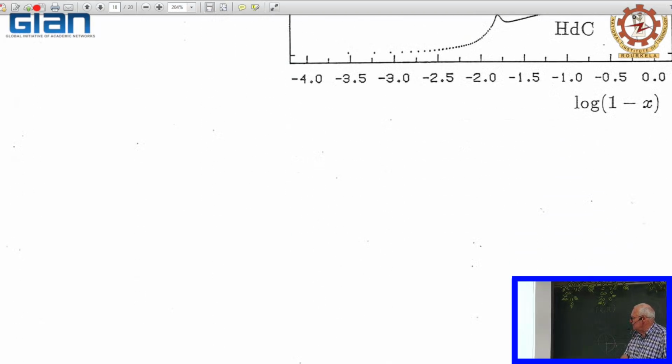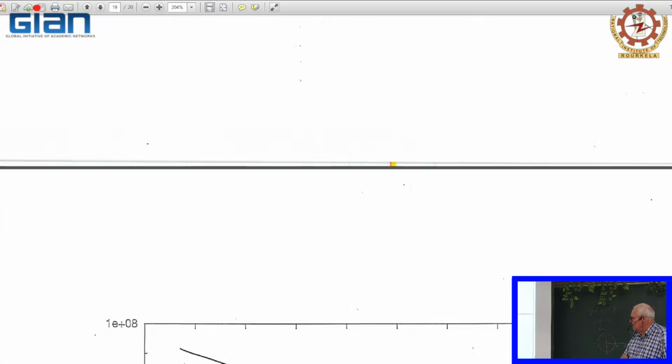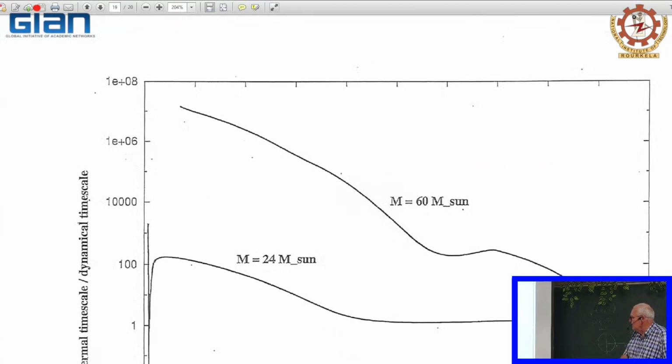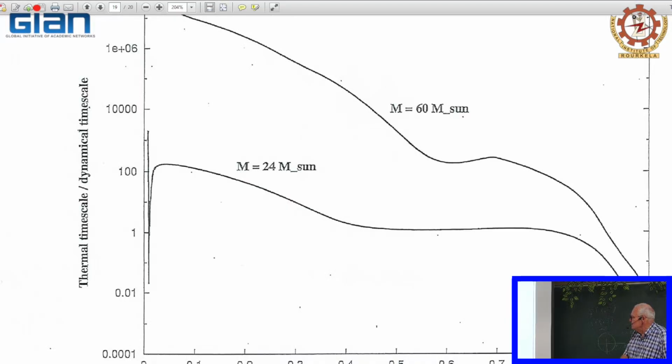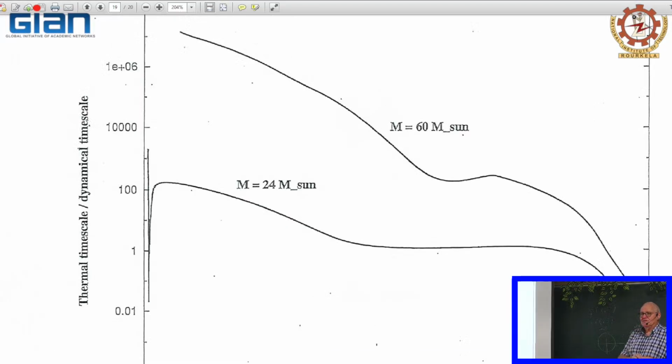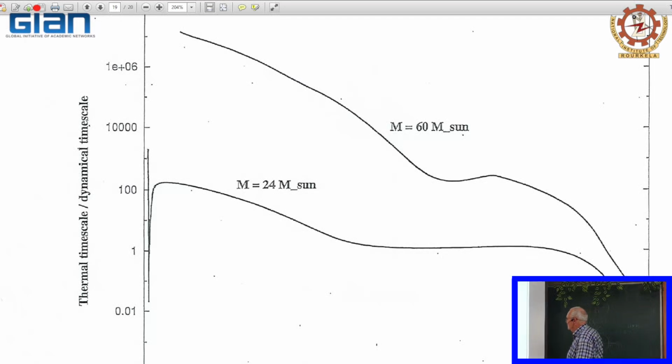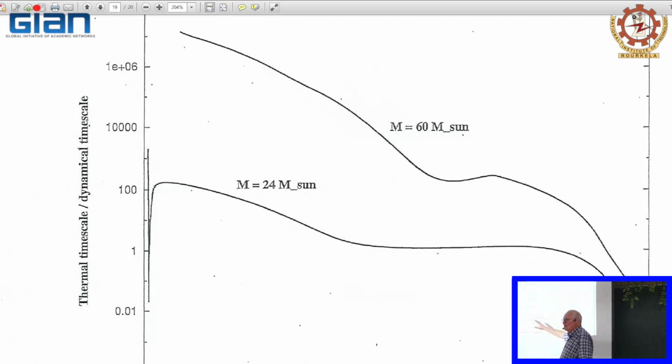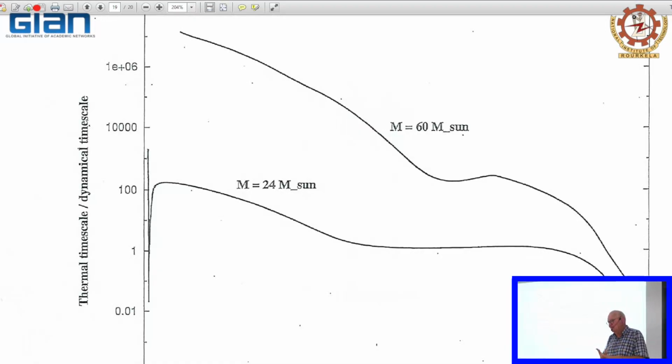Okay, let's give you another example. This is the run of this timescale for two massive stars with the same effective temperature and same luminosity but different mass, a high mass and a low mass object. Again, you see that close to the center, or always if you approach the center, this timescale is large.